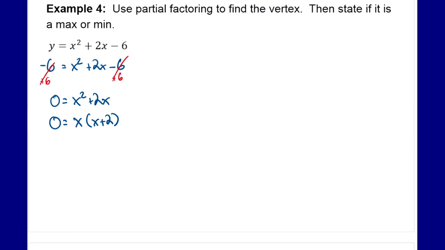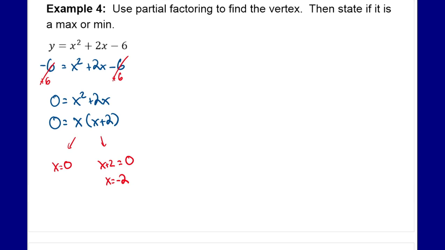Now that I've factored it, I'm going to set each equal to 0. So x equals 0, and x plus 2 equals 0, and solve for x. One's already done. The next one becomes x equals -2. These are my imaginary roots.